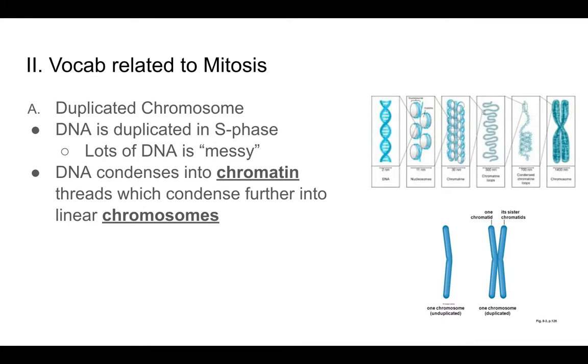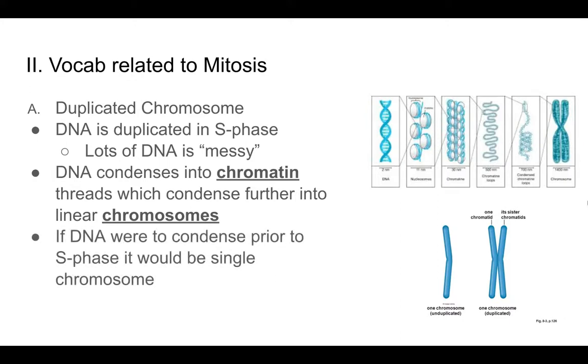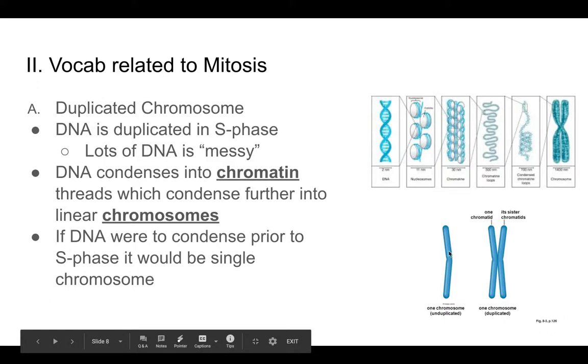And it's compacted for a reason. If we organize it and compact it into these structures, we can make sure that when we actually divide the cell, we get equal and correct amounts of DNA in each cell after the division process. So if a chromosome were to condense prior to the S phase, it would look like just one little single stick, and we would call this a chromosome.